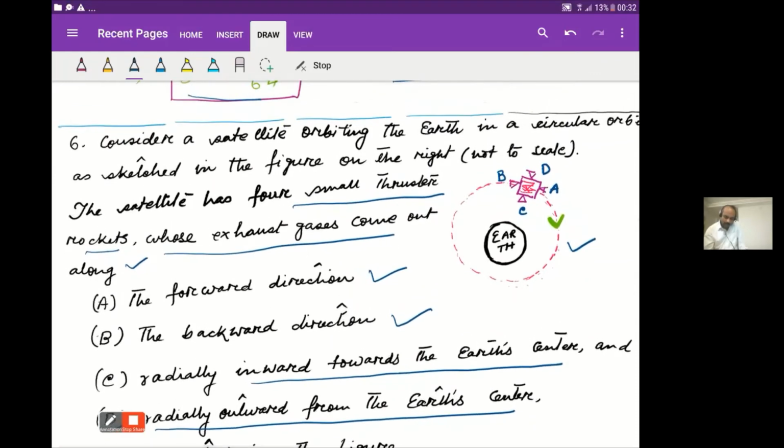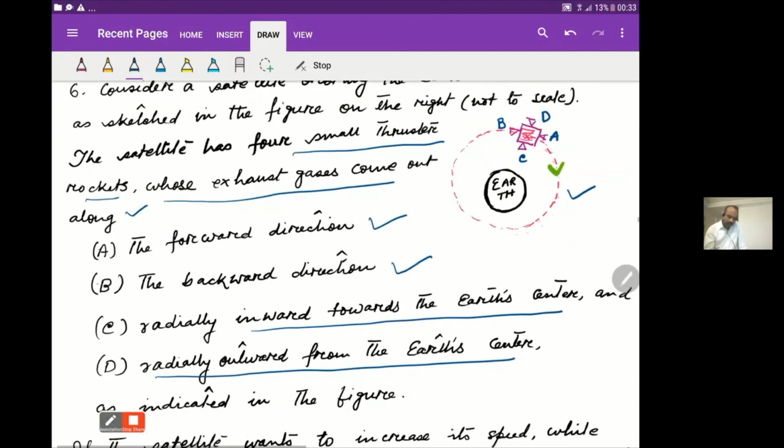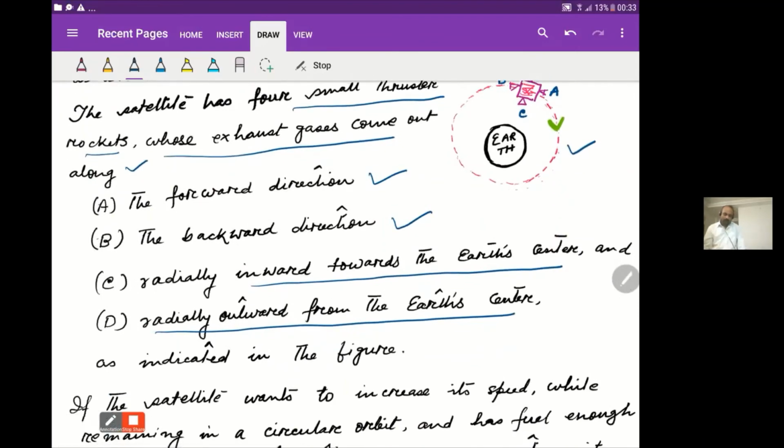So we have a satellite which has 4 thruster rockets, which can fire in direction A, B, C, or D. That means forward direction or backward direction, or radially inward towards the Earth center, or radially outward from the Earth center, as indicated in the figure.